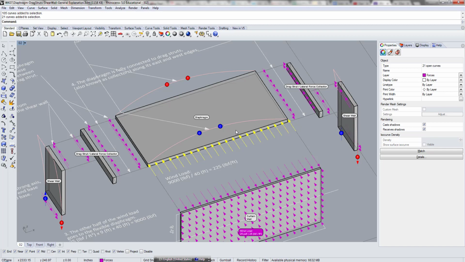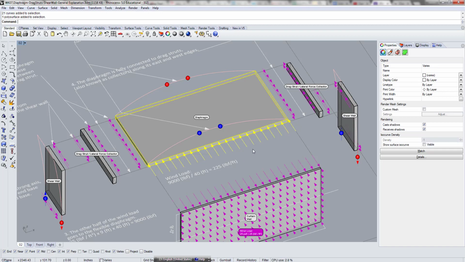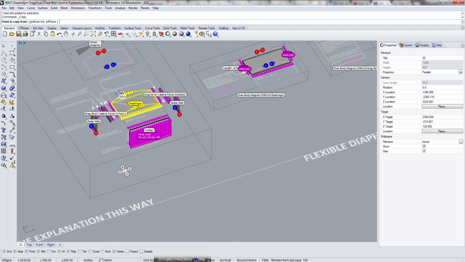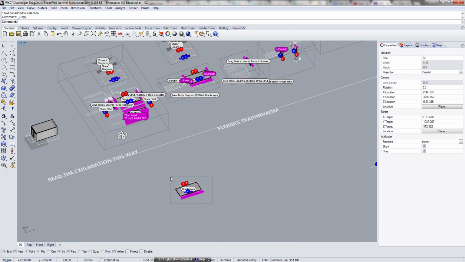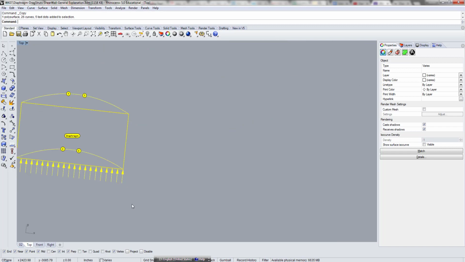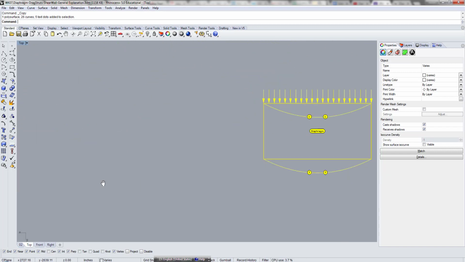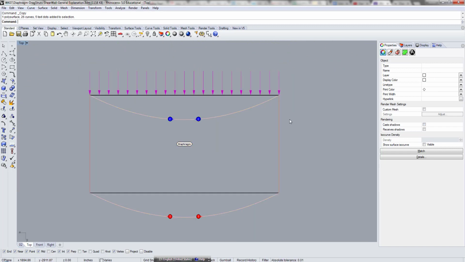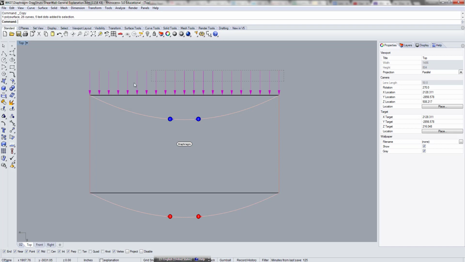Which looks familiar, right? Because if you take that diaphragm, isolate it, go to the top view, and rotate it, that's basically a beam. You have a uniformly distributed load, and it does this.